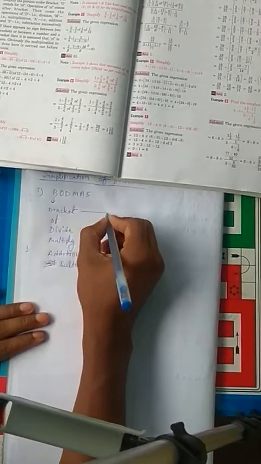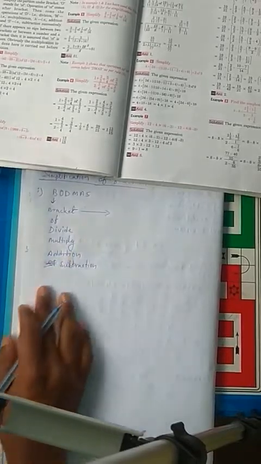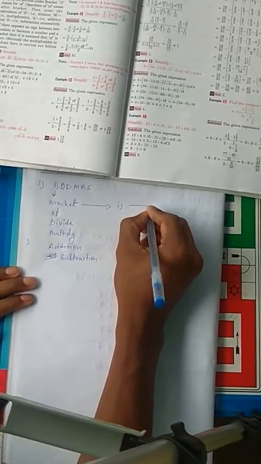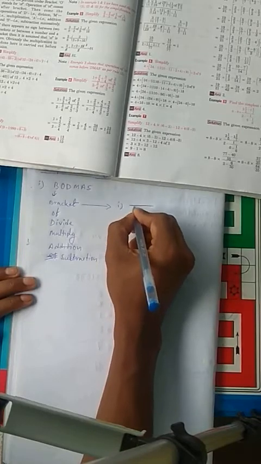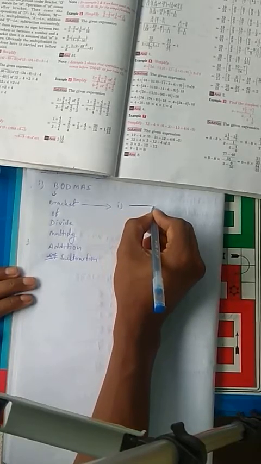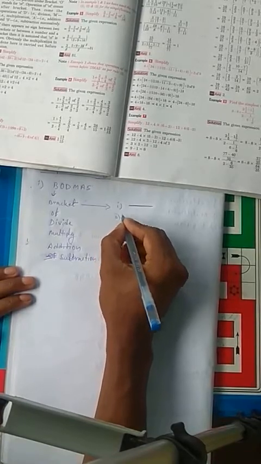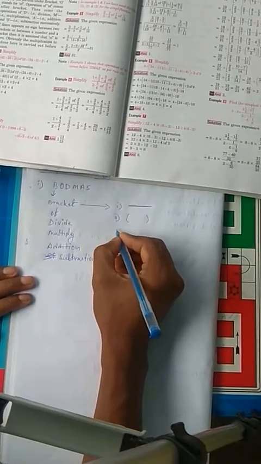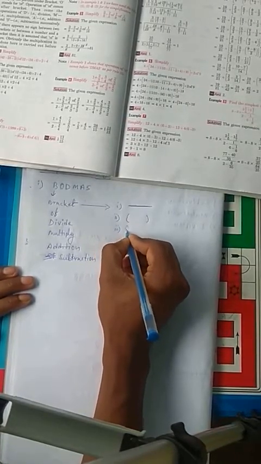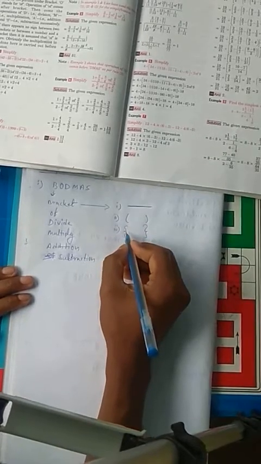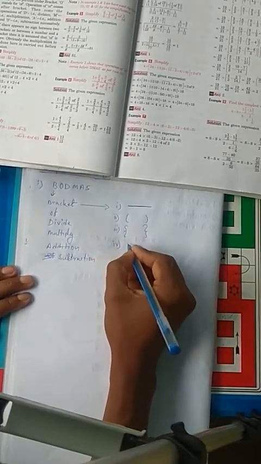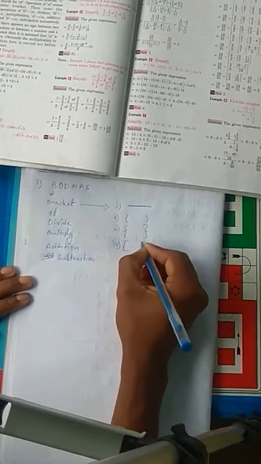First is bracket. There are 4 brackets. First is the line bracket. If anywhere that sign appears, that is a line bracket. Number 2 is the first bracket, number 3 the second bracket, also called a curly bracket, and number 4 the third bracket.